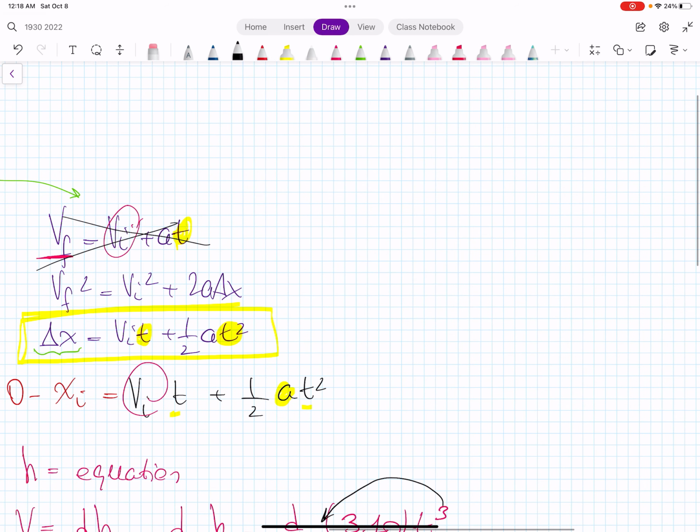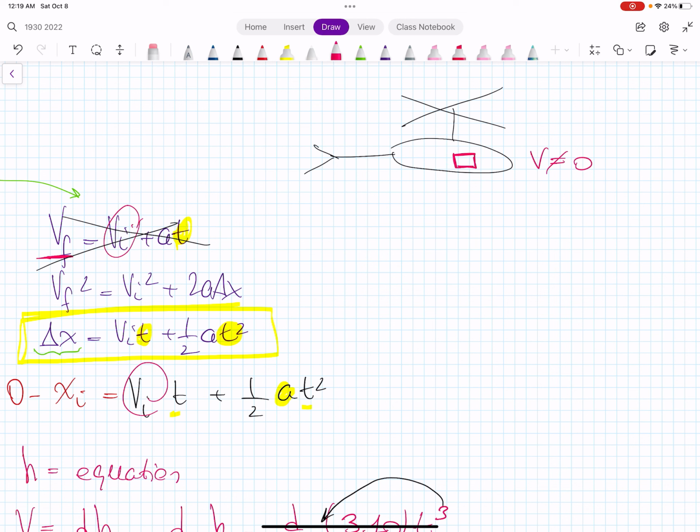Guys, some of you are thinking the initial velocity is 0. The initial velocity of the package is not 0. The package is inside the helicopter. If the helicopter is moving, the package is also moving with the helicopter. The moment you drop it, it has the same velocity as the helicopter. What is the velocity of the helicopter? d/dt of the height of the helicopter.